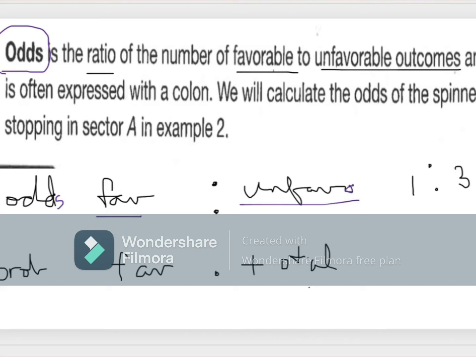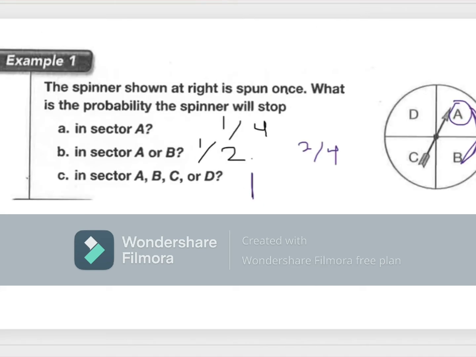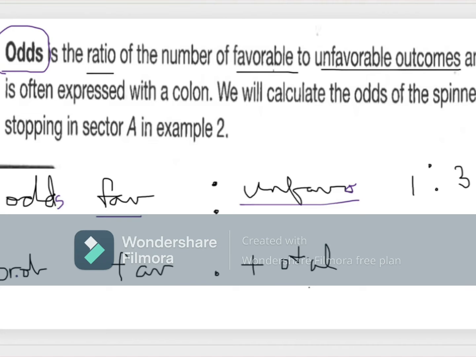Sorry about favorable. Okay, is 1 to 3. Because looking back at this, we had 1 favorable and 3 not favorable. So that's 1 to 3. The probability is 1 to 4, but the odds are 1 to 3. They're not the same thing.